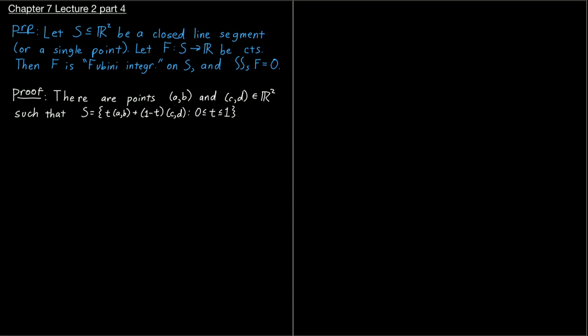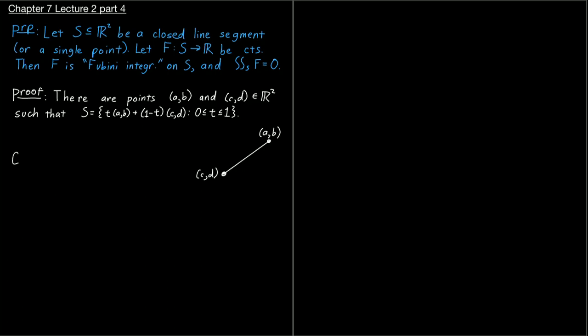I said closed line segment, so we include the endpoints. So here is AB, here is CD. Then we just draw the straight line between them. And then a single point would be if A is the same as C and B is the same as D. So we're not going to exclude that case.